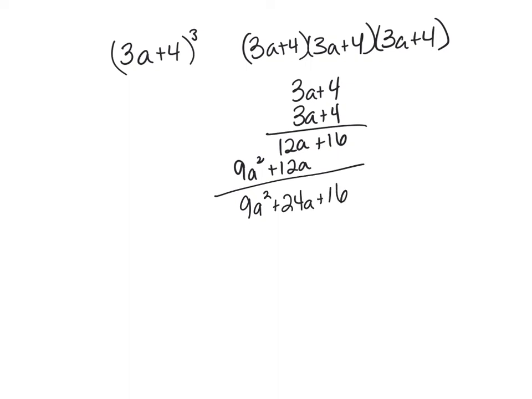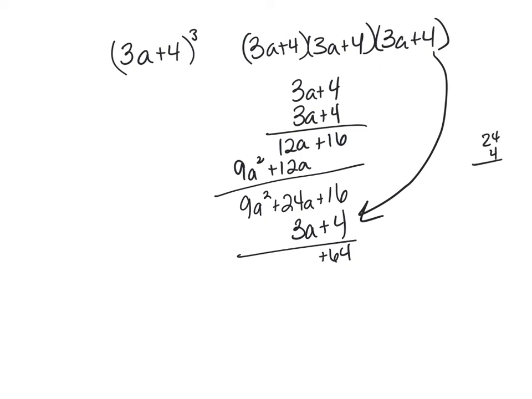9a squared plus 24a plus 16. And now we're going to multiply by the last one, 3a plus 4, one more time. So I get 4 times 16 is 64. 4 times 24 is 96, so plus 96a. 4 times 9a squared is 36a squared. And then 3a times 16 is 48a. And 3a times 24a is 72a squared.